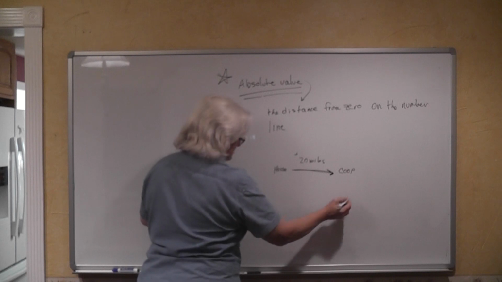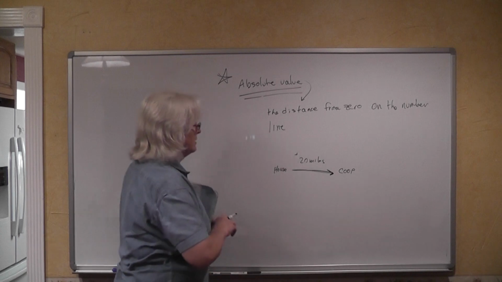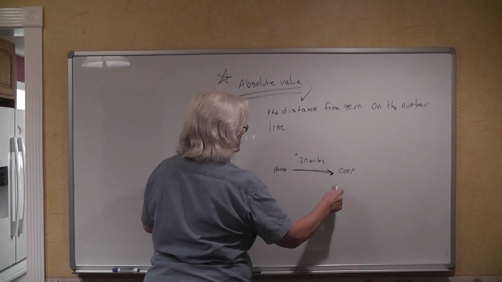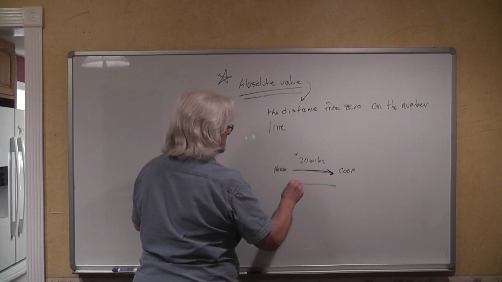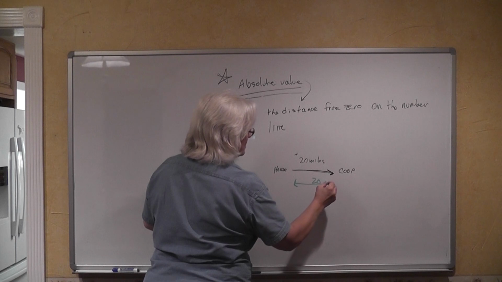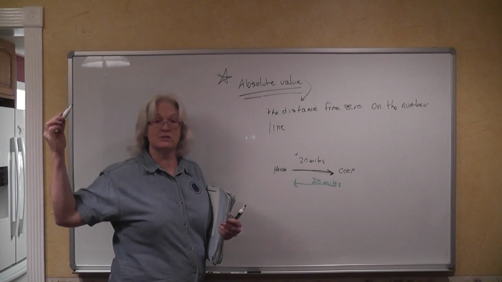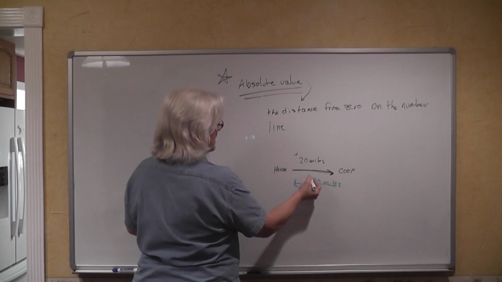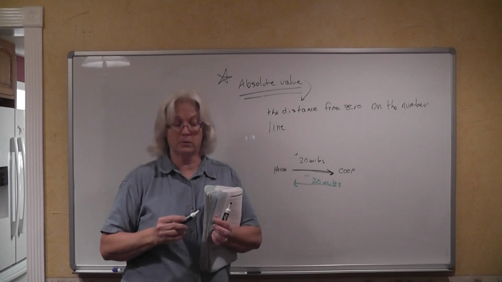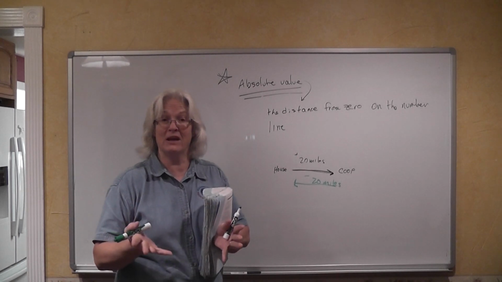Now, when I'm done with Co-op, when I go home, I turn around and I go in the opposite direction, 20 miles again. If you're thinking about a number line, going to the left is negative. So shouldn't this be a negative 20 miles? So plus 20 minus 20 means that I have driven no miles on the days that I come to Co-op.